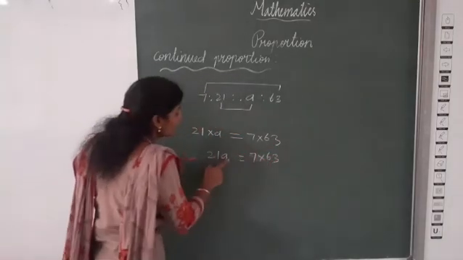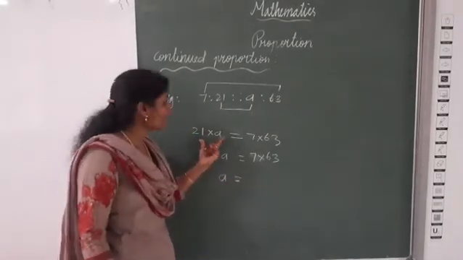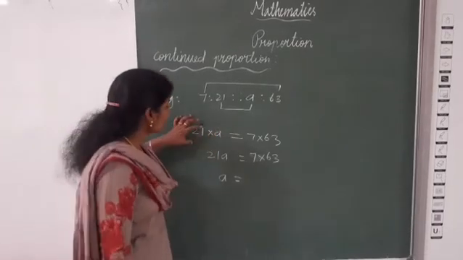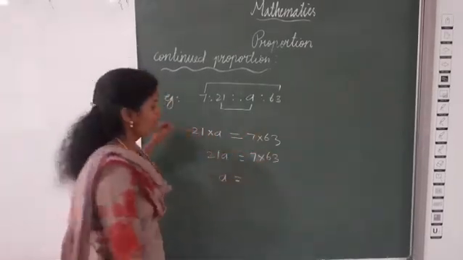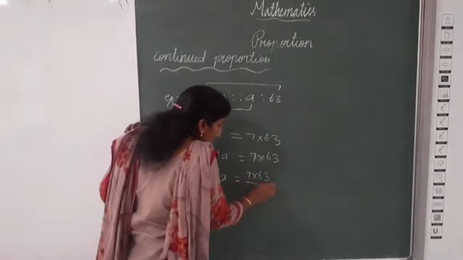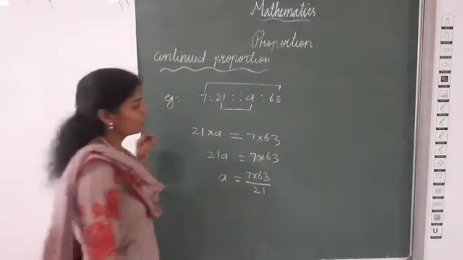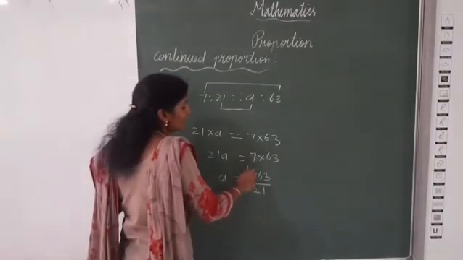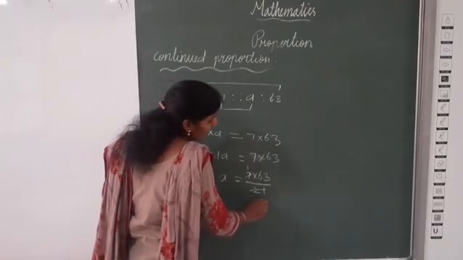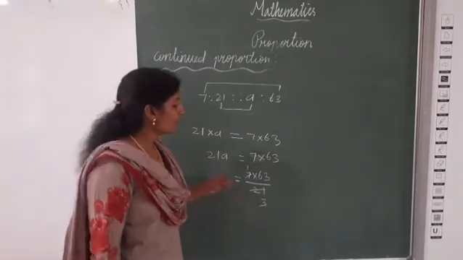Now listen, what is A? Here 21 is multiplied by A, so it goes to the other side as division. So A is equal to 7 into 63 divided by 21. 1 7 is 7, 3 7s are 21.